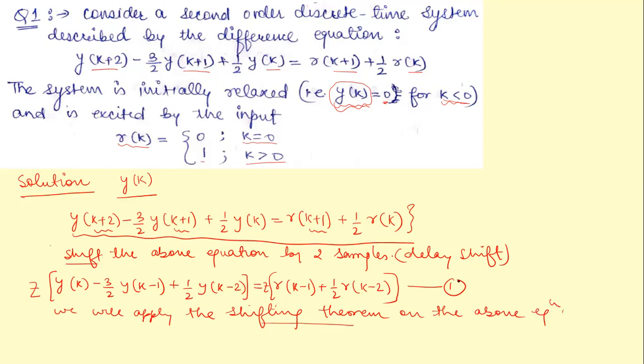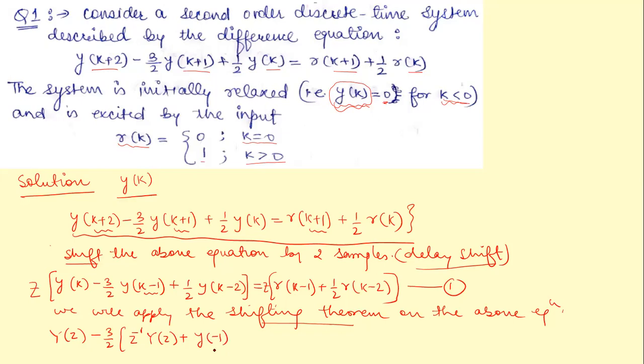And we will apply the delay shift, right? So by doing so, we have yz then minus 3 by 2. So this is delayed by one sample. So we have z raised to the power minus 1 yz plus y minus 1.